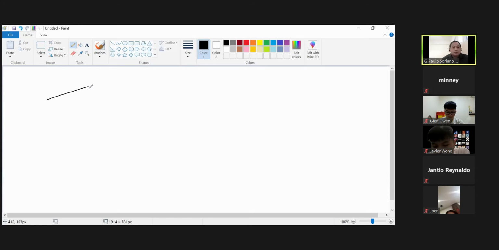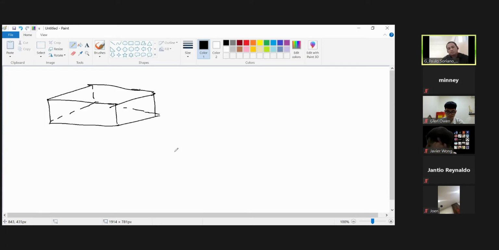For example, we are working in a plant that produces containers, or metal containers like this. Let's keep it simple. Let's say this is made of an aluminum container.